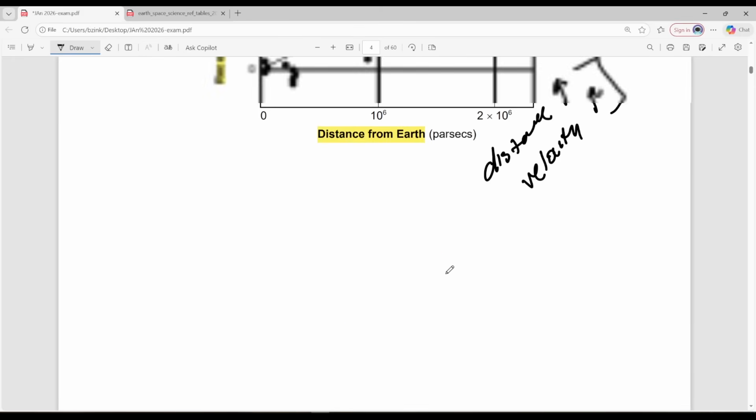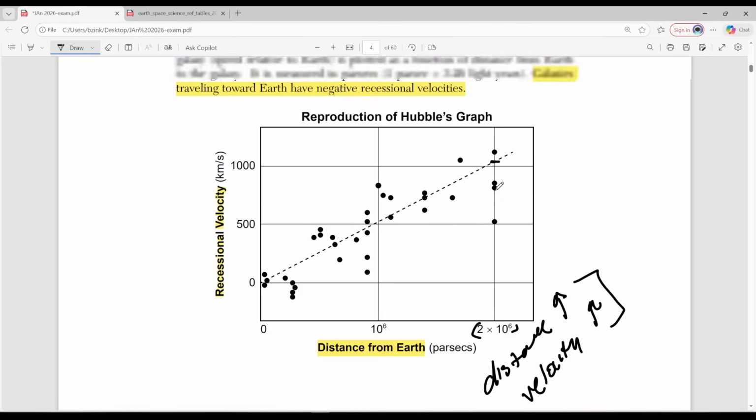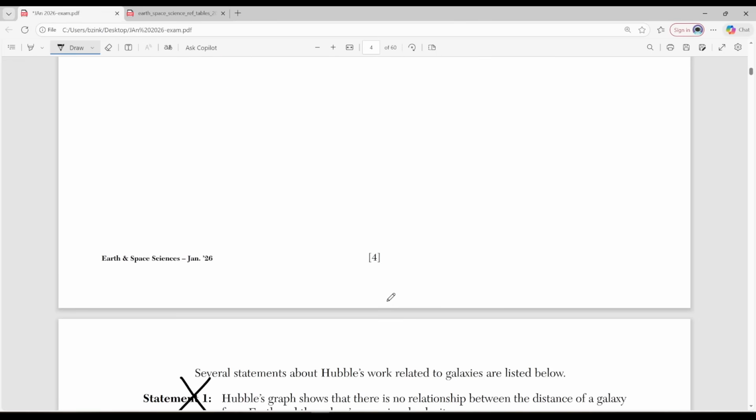We got to go 2 times 10 to the 6 right here, and we're going to go up here and say everything there and up is greater than 500. That would be right. Oh, but is it saying these dots? Are they all greater than 500? Even if they are the dots and not the best fit line, it's probably the dots, then yes, they're above 500, so that works.